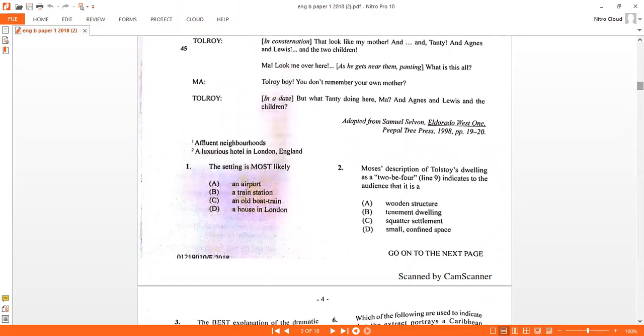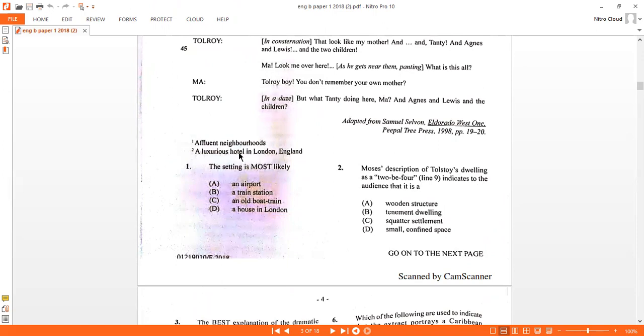Let's jump to question 1. Question 1 says, the setting is most likely. So what I normally tell my students is please always look at words like these. Now notice that in the question, the word most is in all caps. It is telling us that there could possibly be more than one answer in the 4 options given that could be an answer.